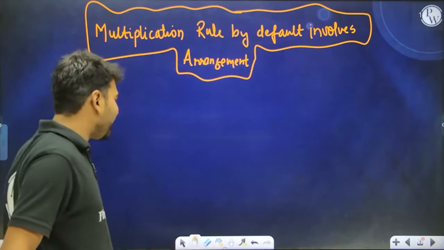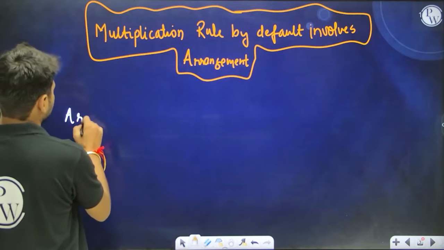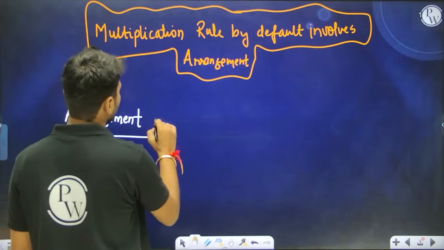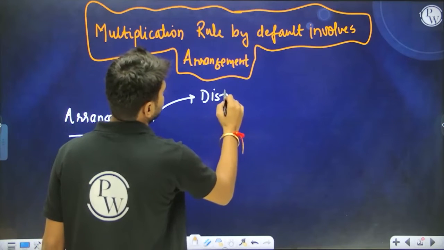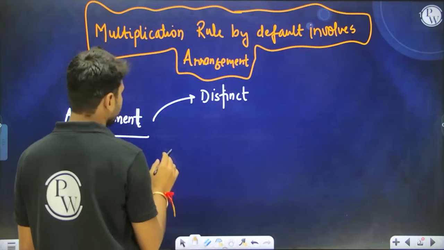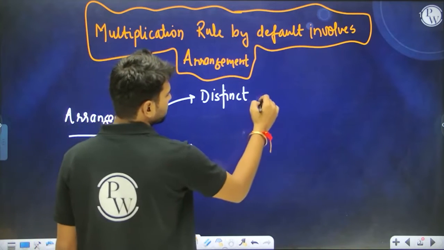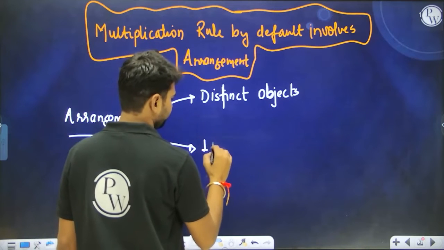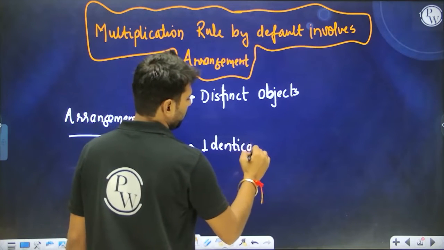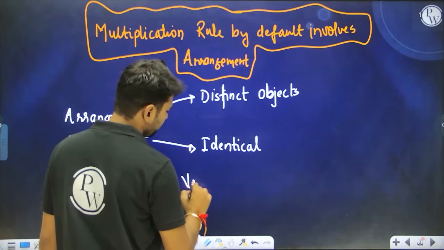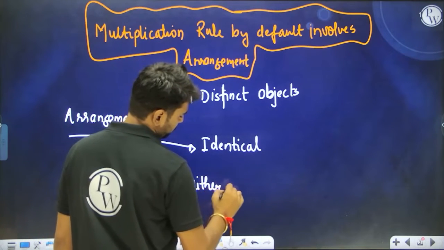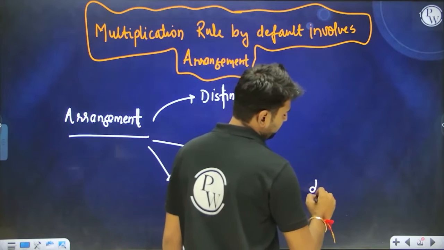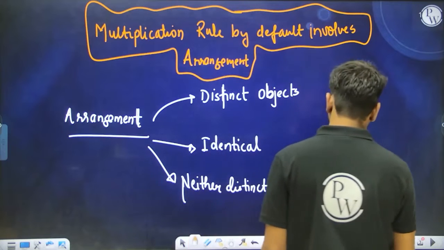All right. Now in arrangement also, if you see, there are multiple cases. That is when the objects are identical, when the objects are distinct, when the objects are neither identical nor distinct. So distinct objects, identical objects, and neither distinct nor identical.